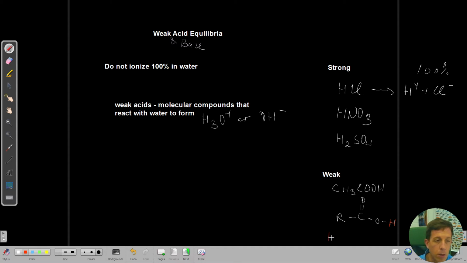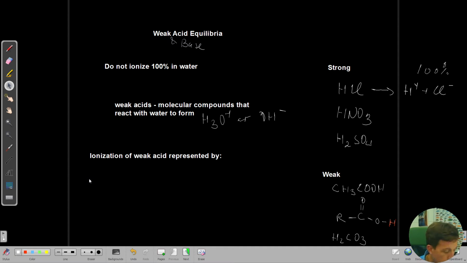Carbonic acid is also a weak acid, and that has the formula H2CO3. And there are a variety of other weak acids that are not organic compounds, but still molecular compounds. So the general ionization of a weak acid can be represented by this equation.